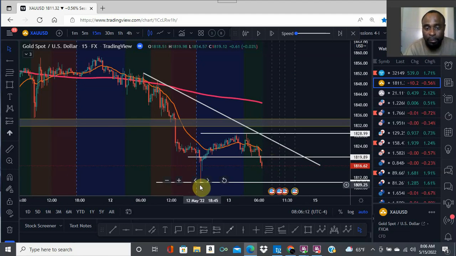Because my thought was that I think price is moving below this area. Why? Because on a monthly candle we see price pushing down. It pulled up to an area and then it pushed down. And this is what we see.